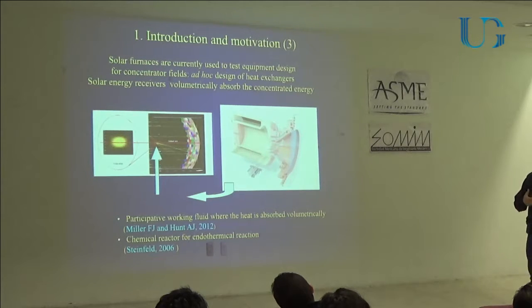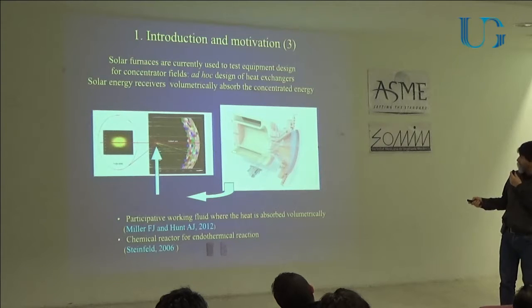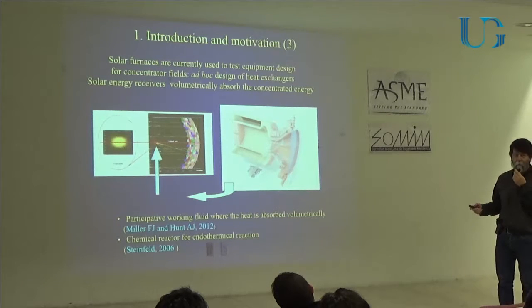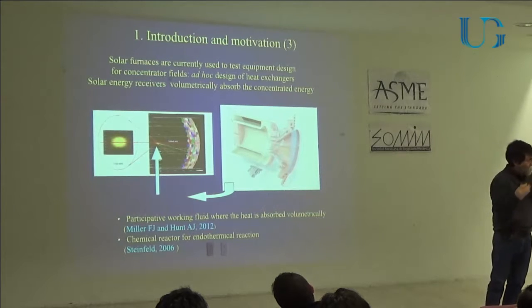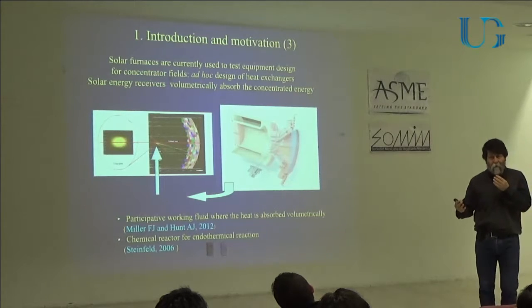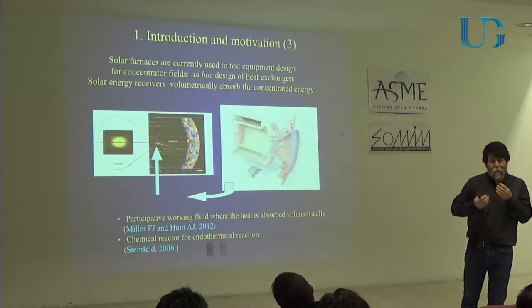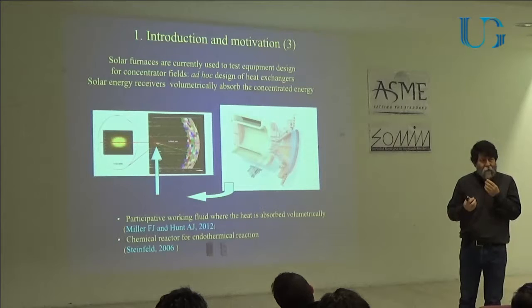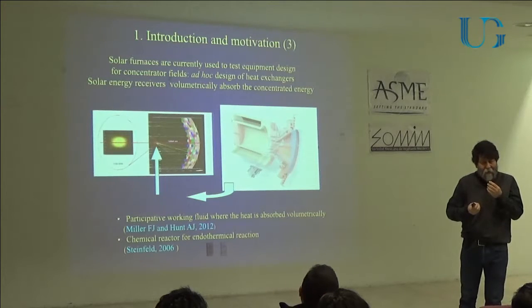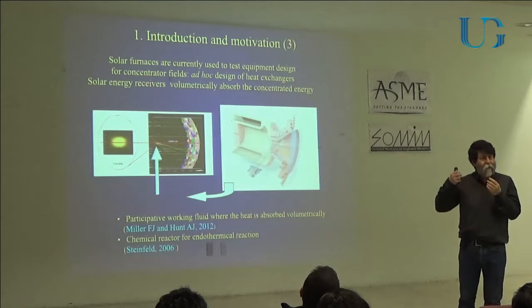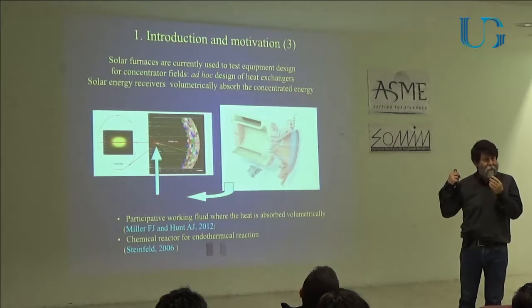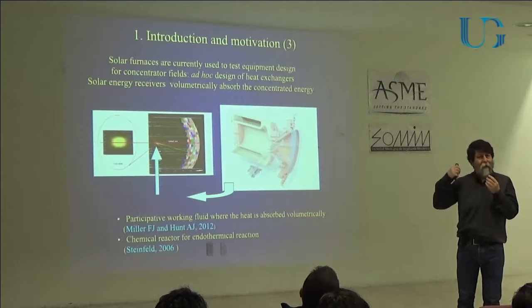And the working fluid in here would be something that absorbs the energy not at a surface but in the volume. That is, something that absorbs some of the energy, but lets little bits of energy go past and be absorbed a little bit behind it.